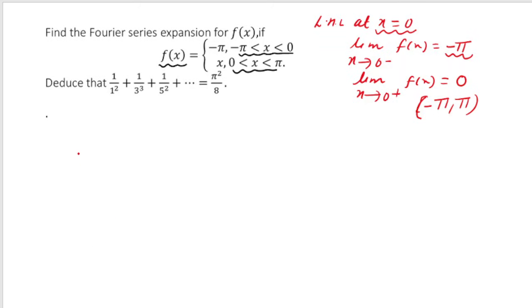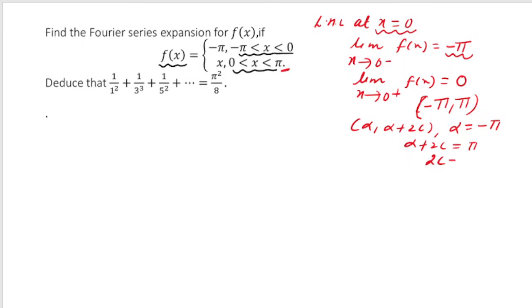So how to write the Fourier series? First observation: if I compare this with the interval alpha to alpha plus 2c, here the lower limit alpha is equal to minus pi, because the interval is from minus pi to pi, and alpha plus 2c is equal to pi, the upper limit of the interval.